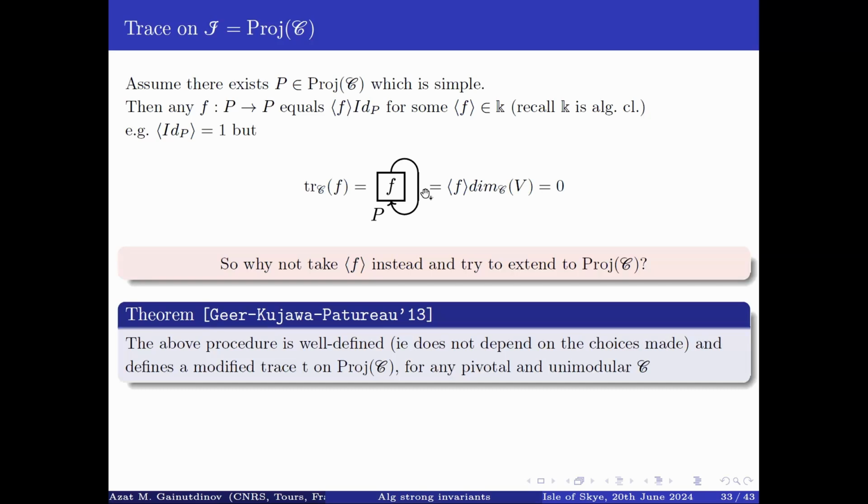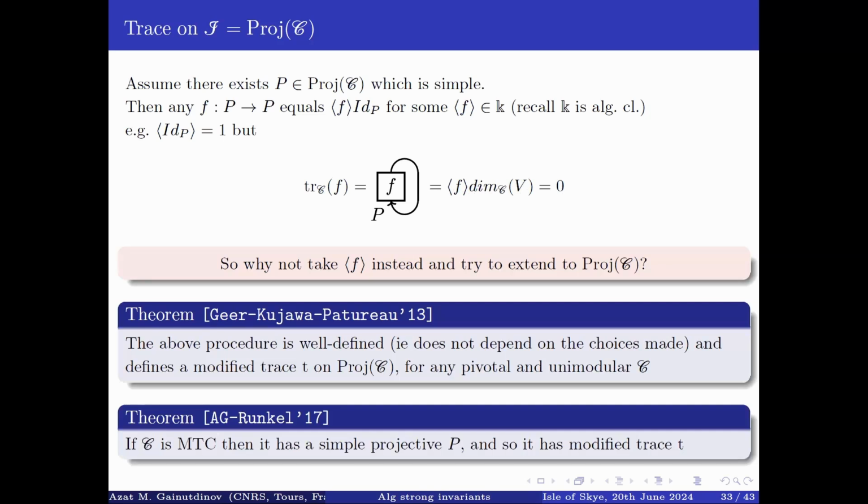Because when you calculate the categorical trace, it is this scalar times the dimension of the projective object, and it's 0 because the dimension is 0. But why not keep the scalar itself instead, take this scalar as the value of a new trace on the projective object, and try to extend it to the full ideal? This is what they did.